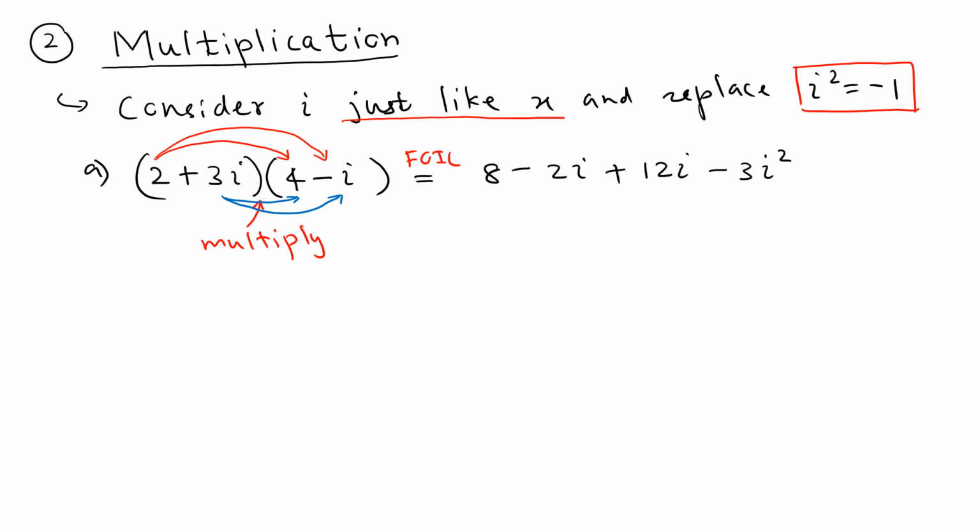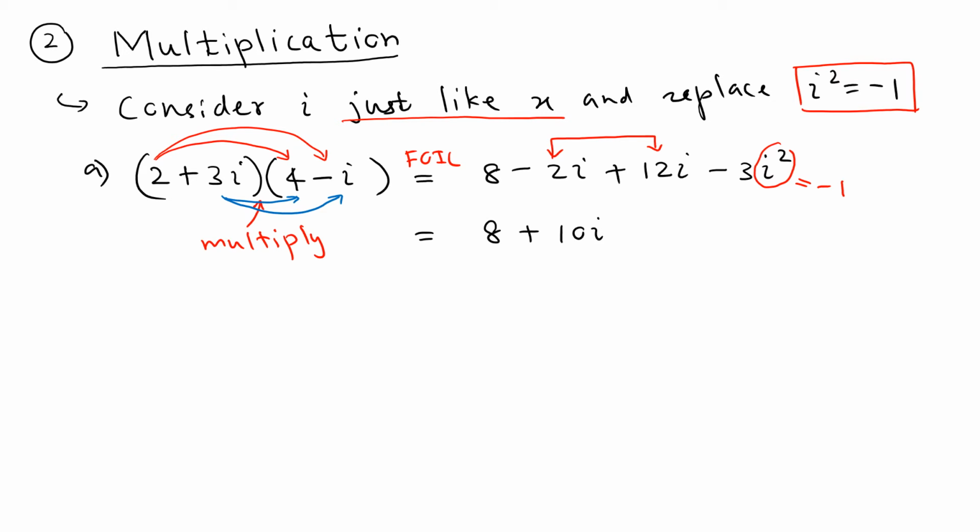Now what we can do is replace this i squared with -1. That's how we define i squared. Whenever you see i squared, you can replace that by -1. That's the definition. So now you can see this is a simple addition now. So we have 8 here, and then we have -2i and then 12i. This means 10i.